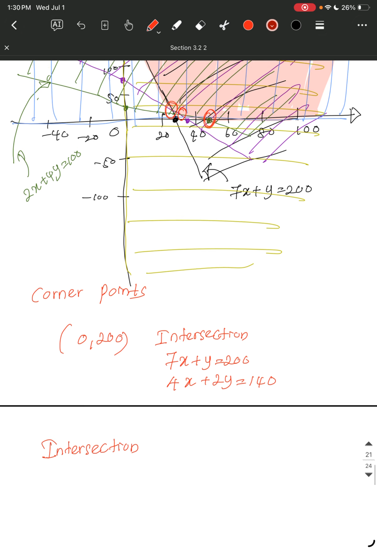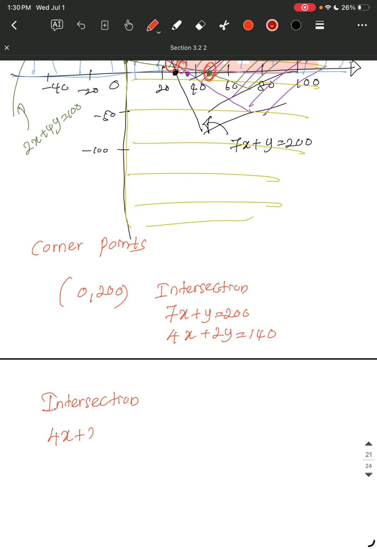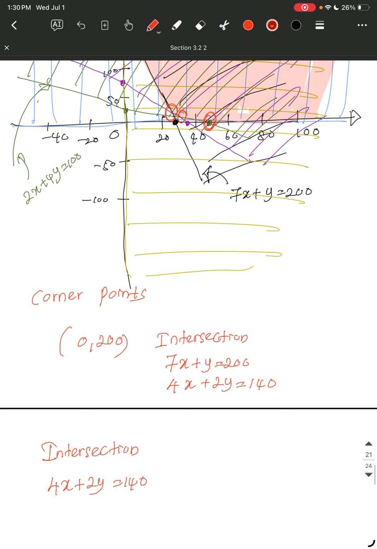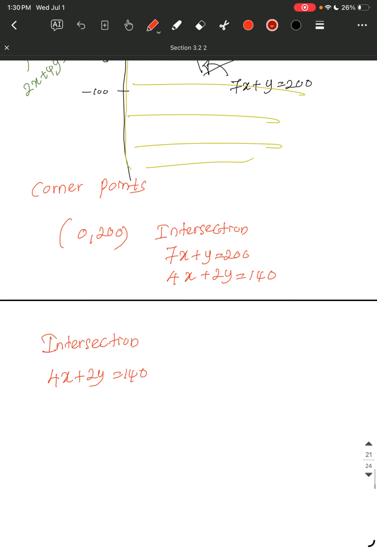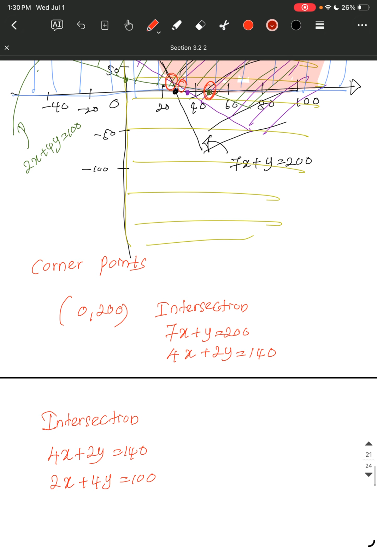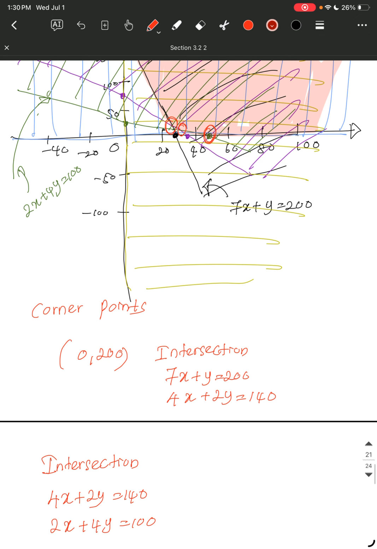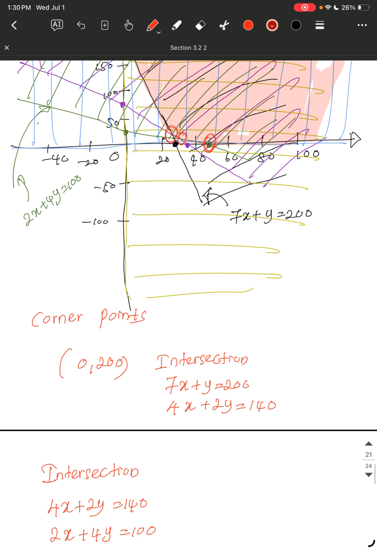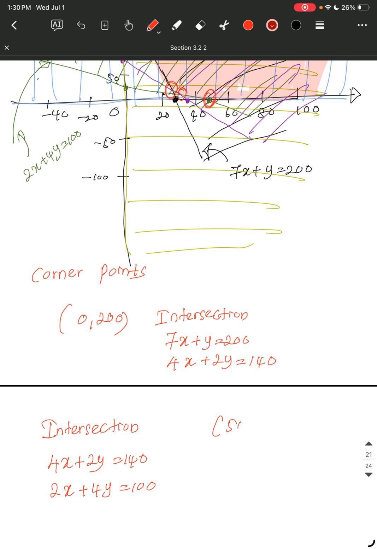The purple line is 4x plus 2y equals 140. And the green line here is 2x plus 4y equals 100. And the fourth one, we know that here we have 50 and 0. Those are the 4 corner points.